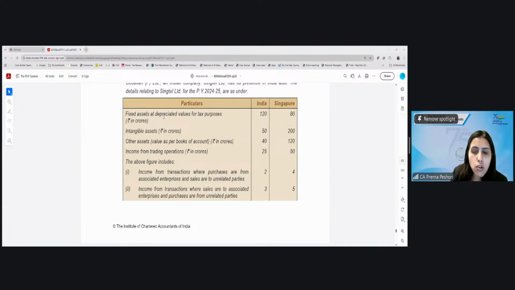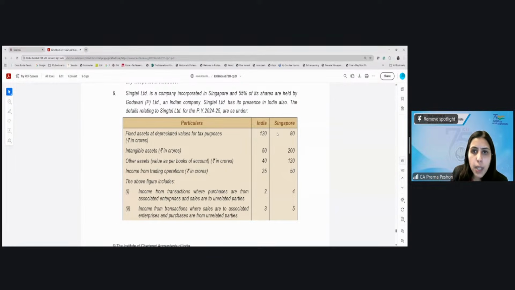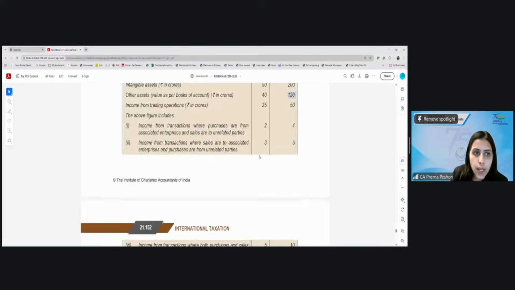And 210 crores are in India. So which comes to 34.43%. Yes. 120 plus 80, 50 plus 200 and 40 plus 120. This is 210. This test is also satisfied.